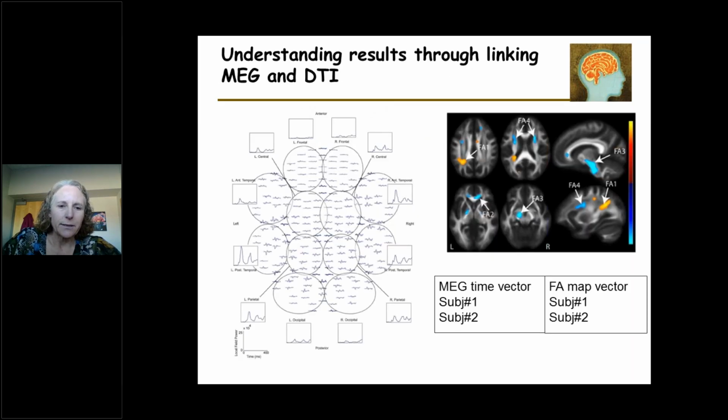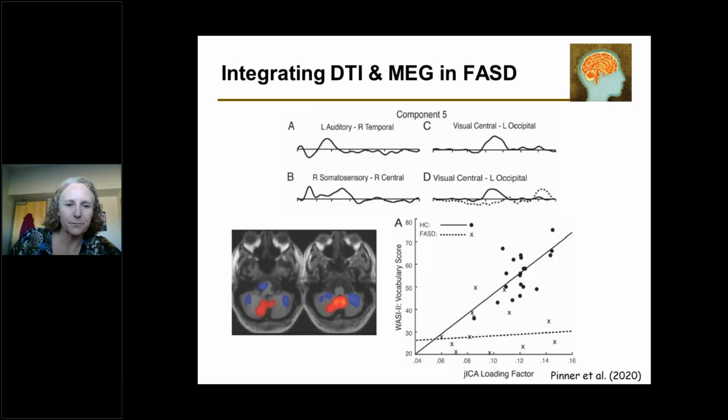So this was our initial study, and this was focused initially on individuals with schizophrenia, but we've now applied it to kids with FASD. We looked at just the sensor level and linked that to different white matter tracts.